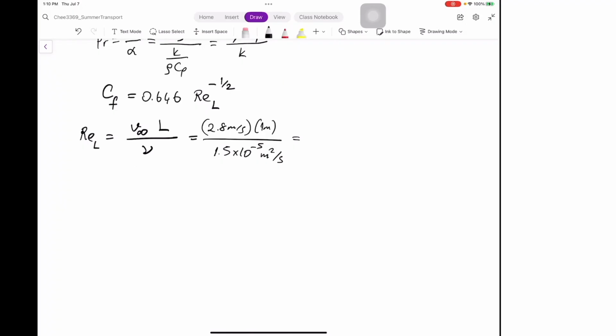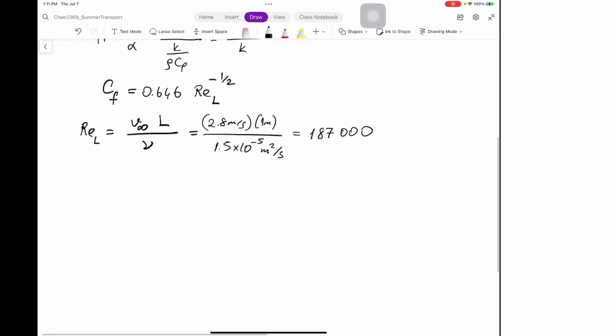We get 2.8 times 1 over 1.5 times 10 to the -5, so you get something like 187,000, unitless.